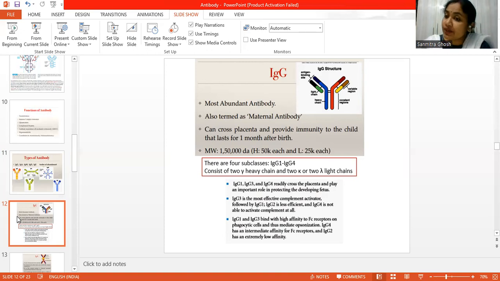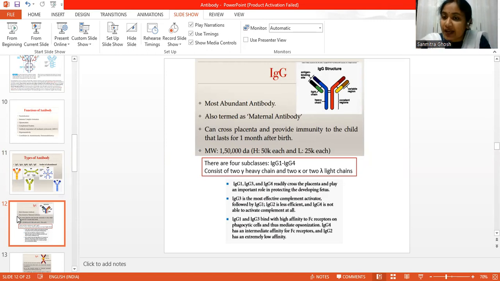So, students, you can understand that there are 5 different types of heavy chain possible. That is gamma, alpha, mu, delta, and epsilon. And these polypeptide chains also have abundance in our system in the particular chronological order that I mentioned: gamma, alpha, mu, delta, epsilon.